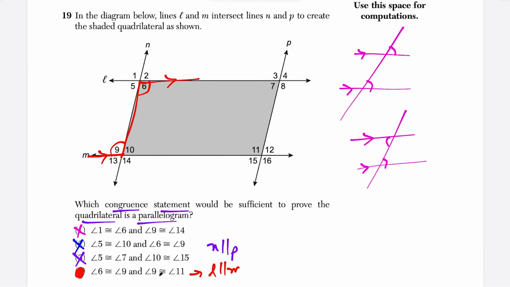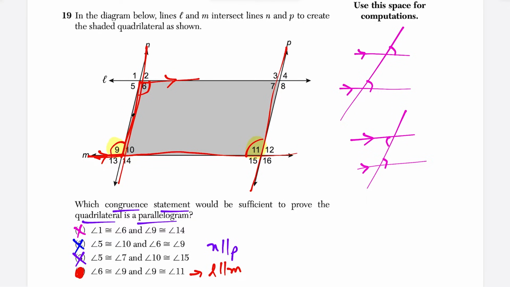So now we look at the second statement here, and we have angle 9 is congruent to angle 11. But notice that these two angles over here, so now we shift our focus to these two, are involved when we look at these two lines. So we have lines N and P being cut by the transversal M like this. So when we have these parallel lines being cut by this transversal, the corresponding angles formed are congruent.